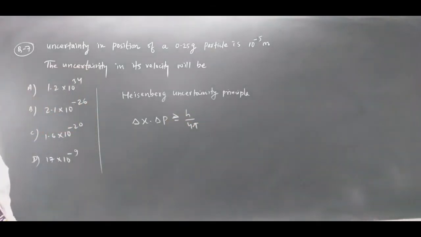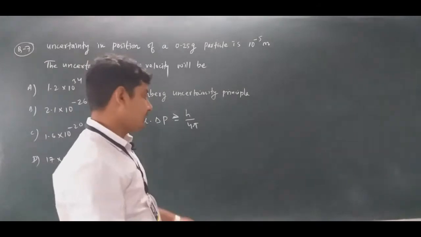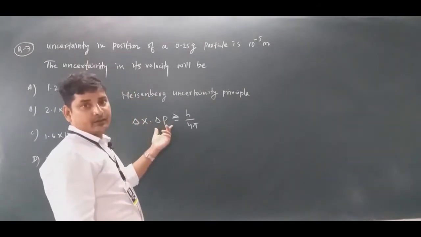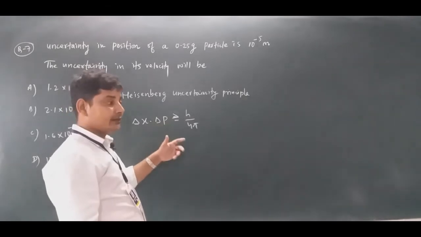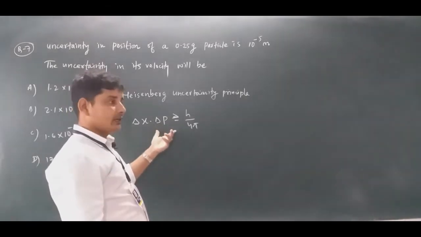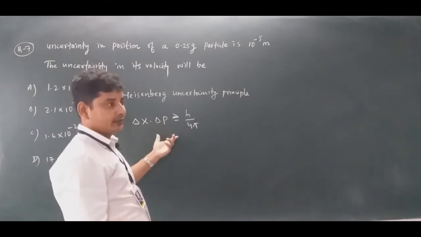This was the statement of the Heisenberg uncertainty principle, that the location and the momentum both cannot be calculated simultaneously. If there is an effort to calculate, there will be some kind of error.